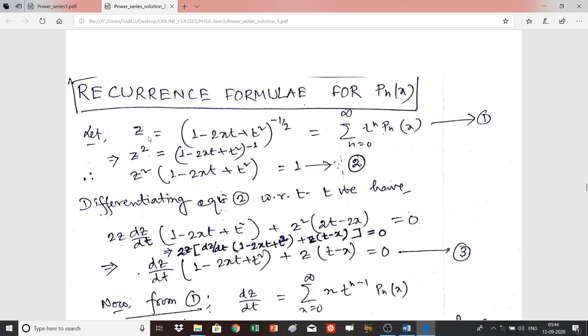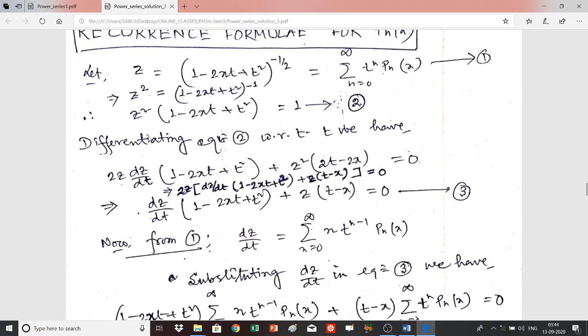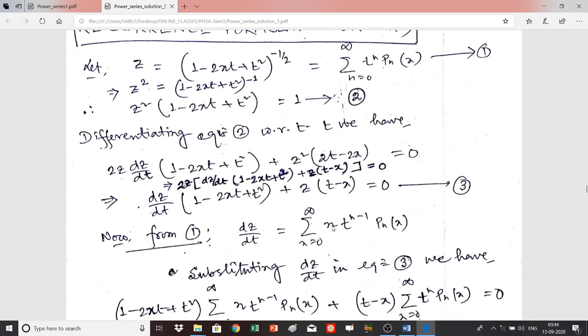So now from equation 2, z is equal to this. Just differentiate this equation with respect to t. You will have from here dz by dt, and from here the sum over n equal to 0 to infinity, differentiating t to the power n gives n into t to the power n minus 1, and then Pn(x).